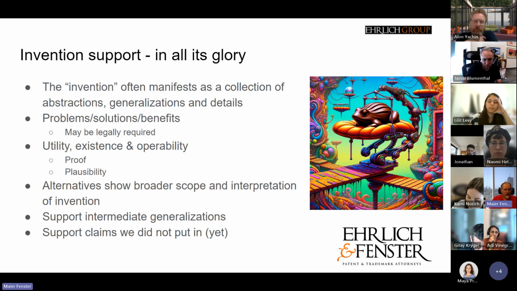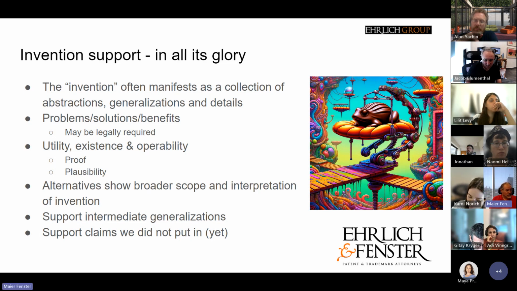Sometimes you have to give benefits. If you don't give benefits, you might be told that it's a mere engineering selection, and anybody reading the application would see that you didn't consider there was a difference between option A and option B. So not only do you describe the details, you also explain why these details are relevant.